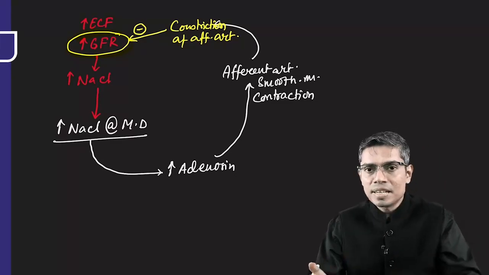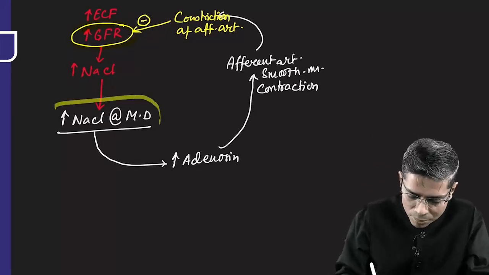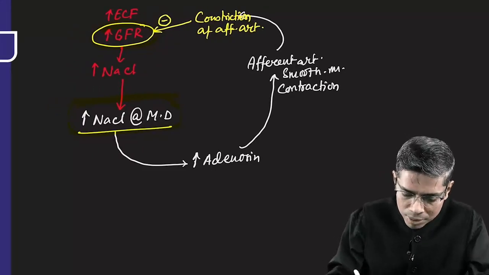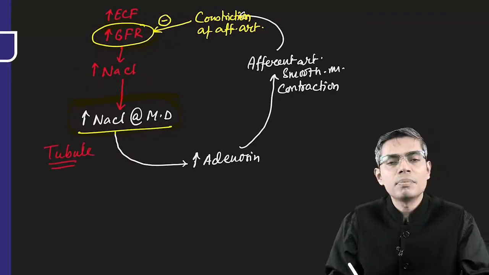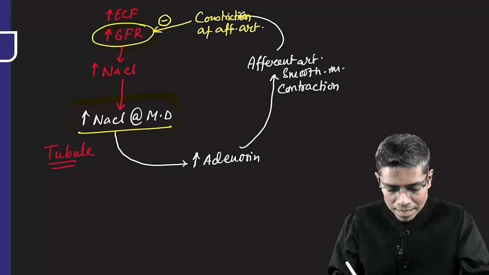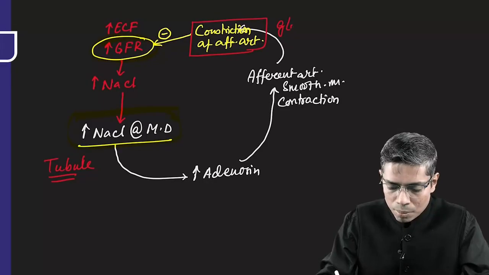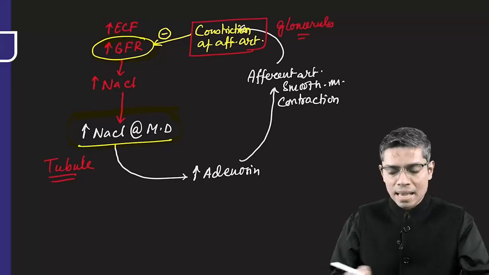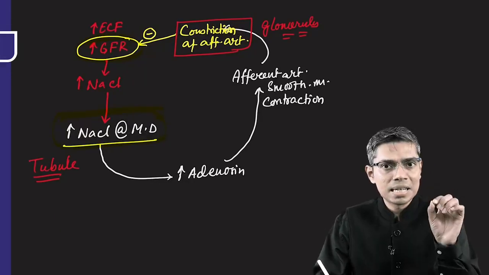So this is a kind of feedback mechanism. The feedback mechanism is originating from the macula densa cell. Macula densa cell is a part of the tubules. So this feedback is originating from part of renal tubules, and the feedback is acting at the level of afferent arteriole of glomerulus, and it's a negative feedback.